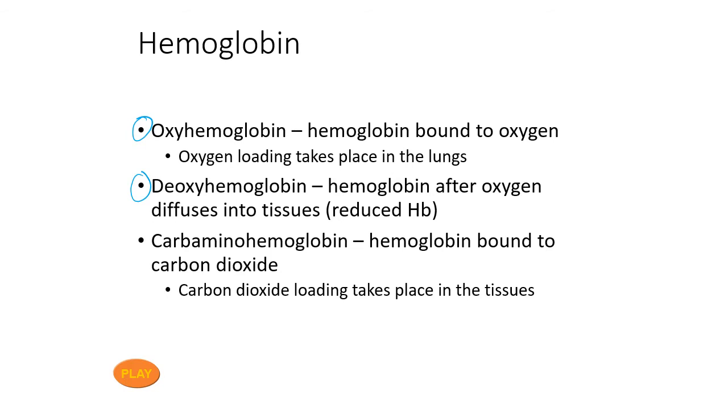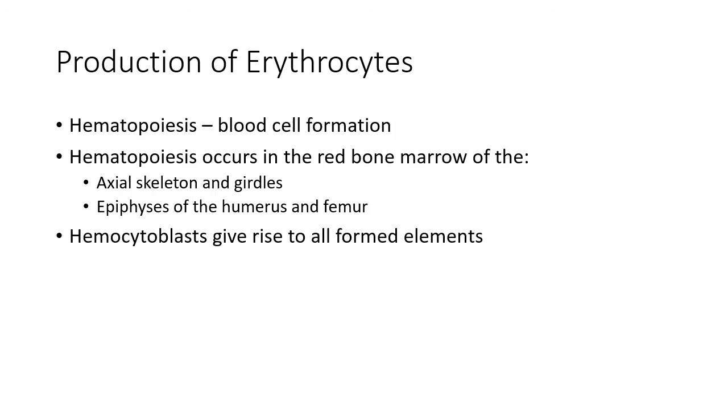And then lastly, when we bind some of our carbon dioxide to the hemoglobin, we're going to get what we call carbaminohemoglobin. Say that a few times in a row and see how well your tongue gets all twisted. So a small component of the carbon dioxide is going to be bound to that hemoglobin as well to carry it back towards the lungs from the tissues.